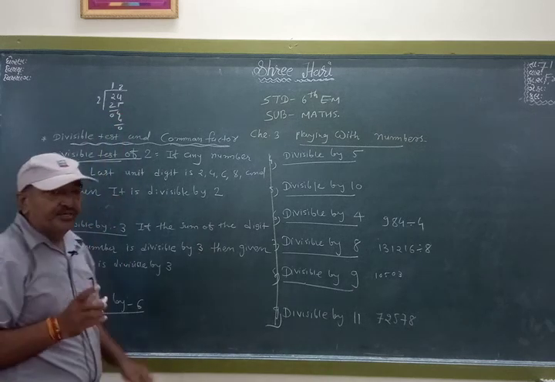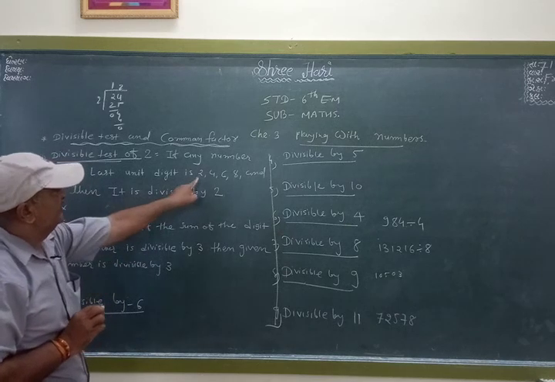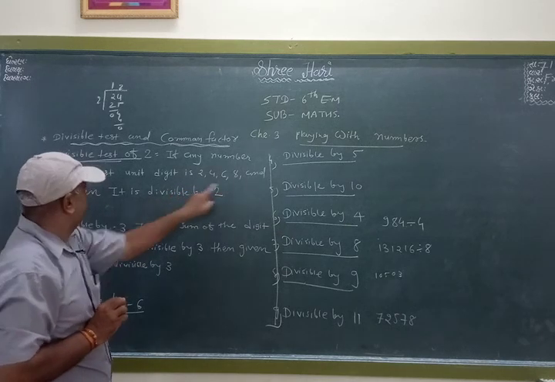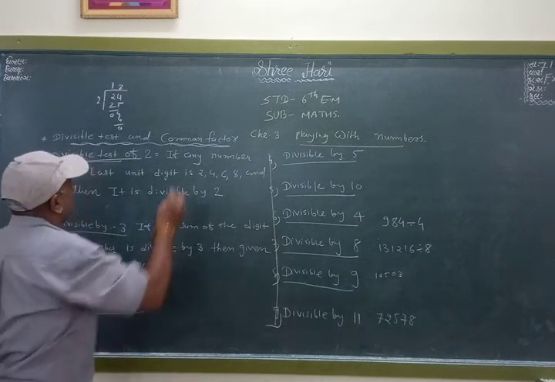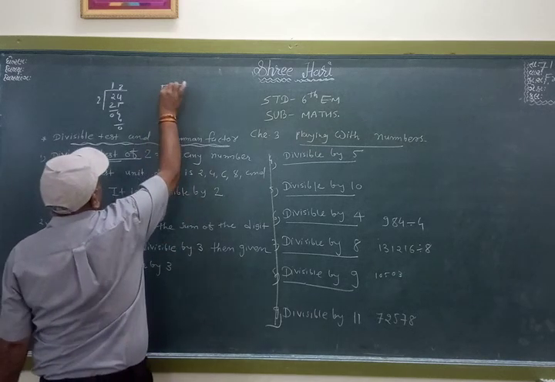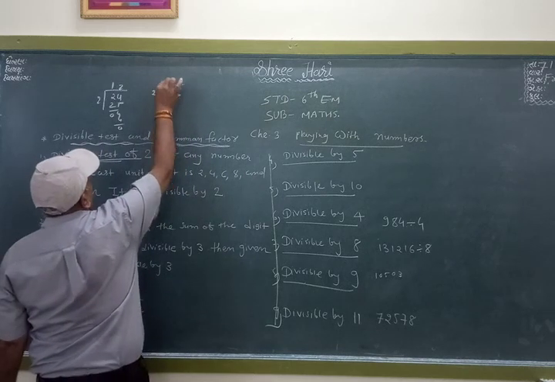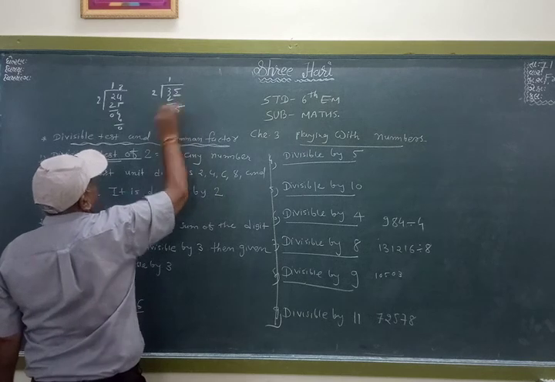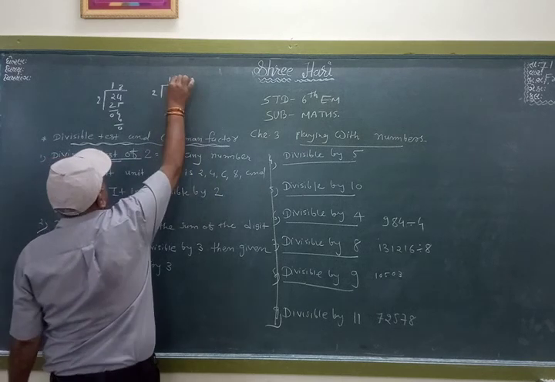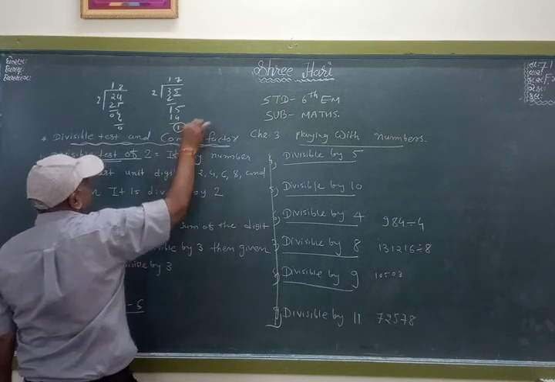But if any number has last unit digit without 2, 4, 6, 8 and 0, then we can't divide it by 2. How? Suppose this is 35, last unit digit is 5, then 2 1 ja 2, 1, 5 down, 2 7 ja 14, here remainder 1.